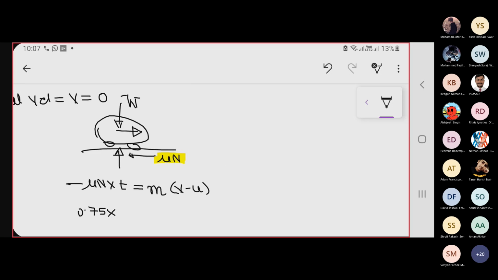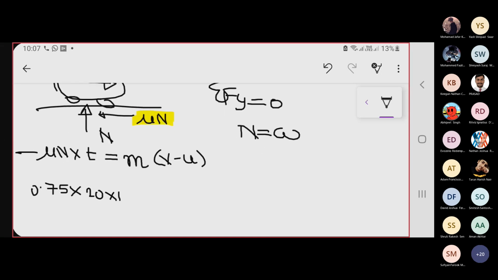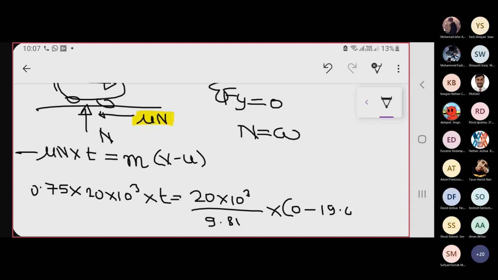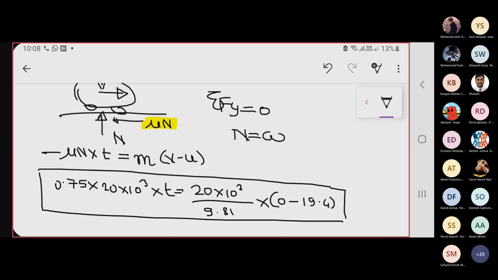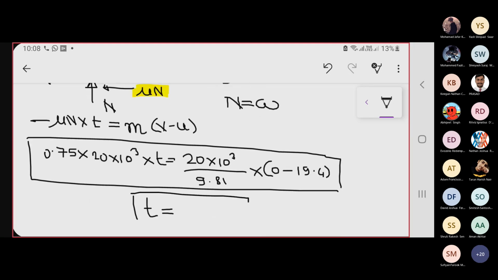Using summation Fy equal to 0, N is equal to the weight of the body, which is 20 kilonewton. So minus 0.75 into 20 into 10 raised to 3 into time is equal to 20 into 10 raised to 3 divided by 9.81 into 0 minus 19.44. Applying this equation, you can directly get the time required.